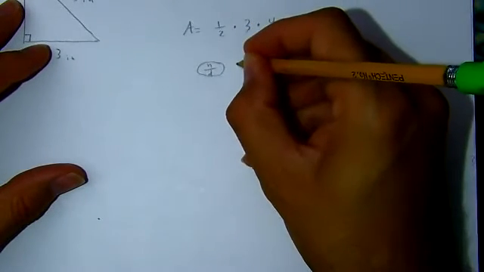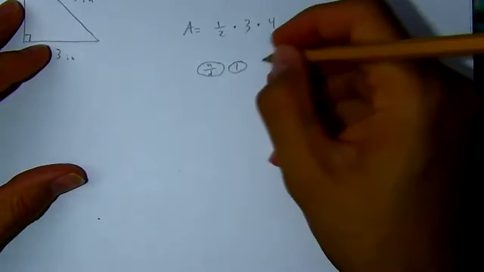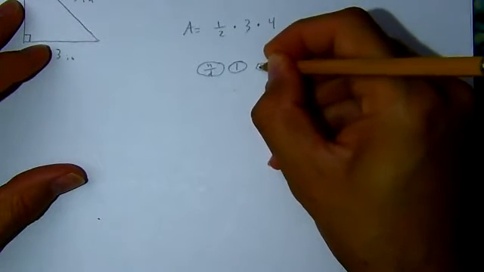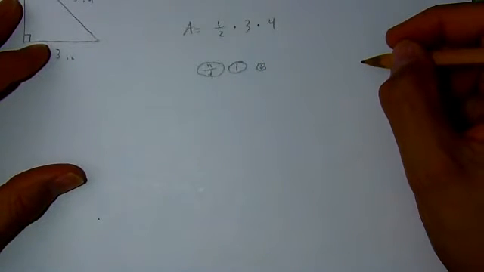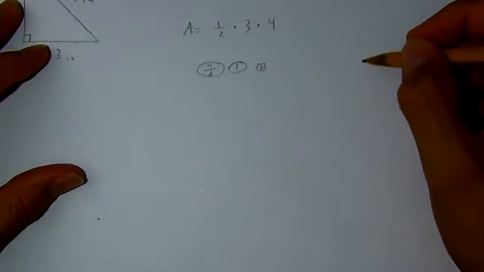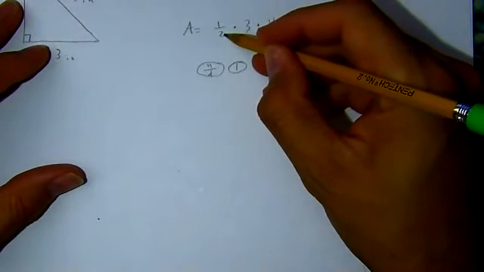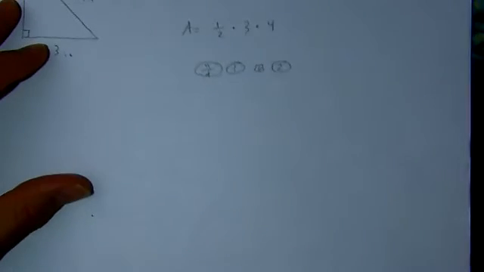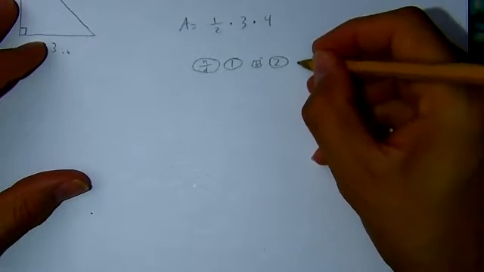You're going to hit the 1 key, and it's going to put a 1 on top. Then you're going to have to hit the down key, which is in your arrow keys. They're on the far right-hand side of your calculator. There's 4 of them, up, down, left, and right. So down will take you down to the bottom of the fraction. Then you hit the 2 key. Then you have to hit the over key.